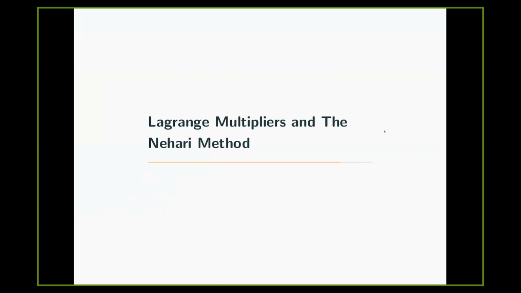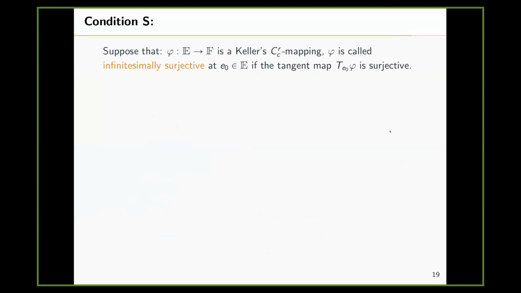First, we will introduce a condition for a well-behaved class of mappings. So, if we have mappings of this class of differentiability, it is called infinitesimally surjective at the point if the tangent map is surjective.